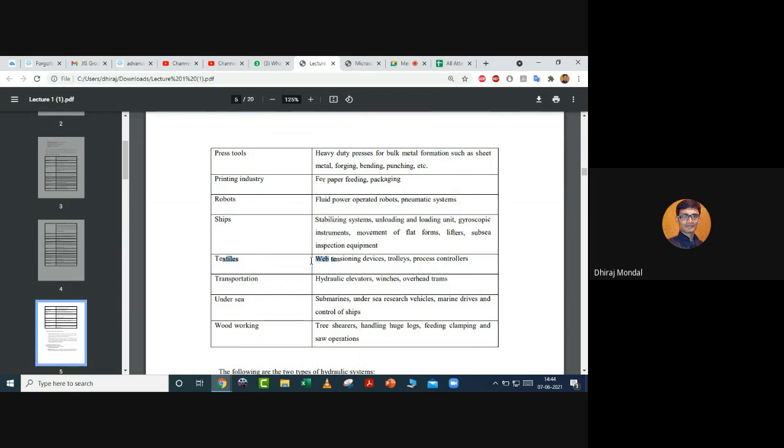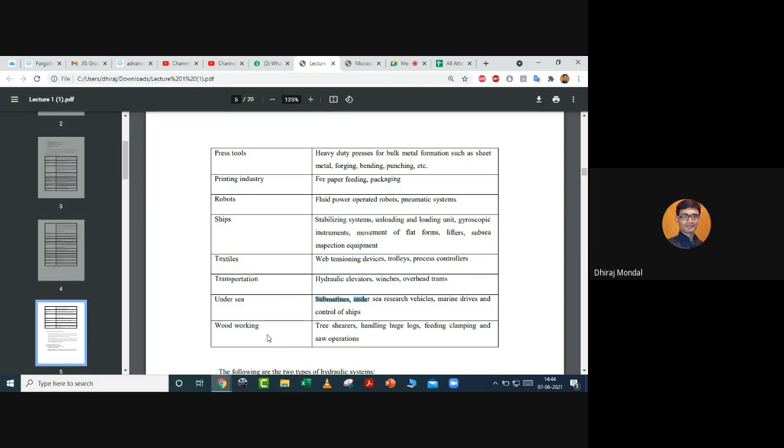Textile industry: web tensioning devices, trolleys, process controllers. In transportation, you will see hydraulic elevators, winches, then overhead trams, undersea, here submarines, undersea research vehicles, marine drives and control of ships.